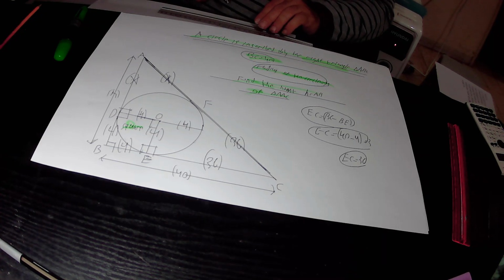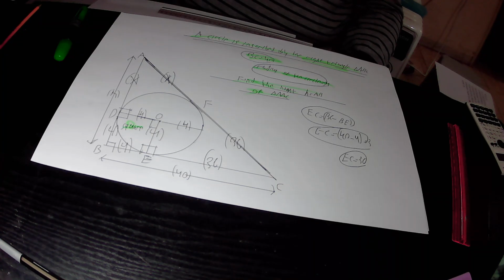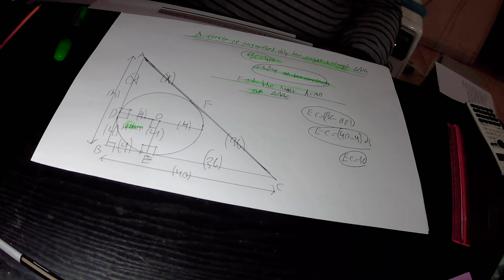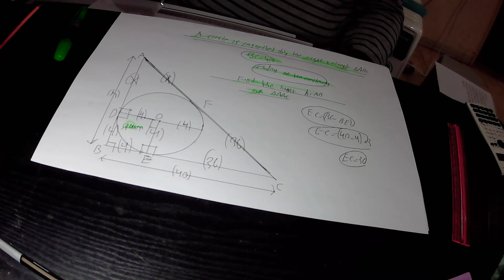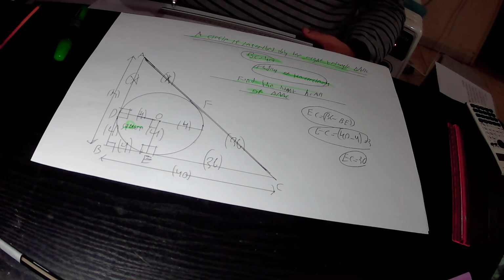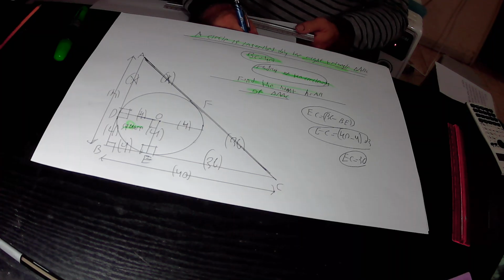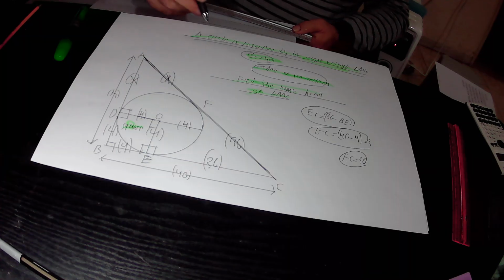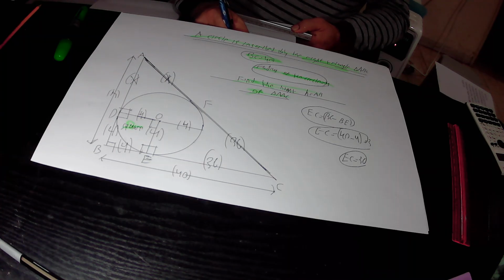According to the Pythagorean theorem, in any right triangle, the square of the hypotenuse equals the sum of the squares of the perpendicular sides. The hypotenuse of this right triangle ABC is AC. The square of the hypotenuse is AC squared. It must be equal to AB squared plus BC squared.